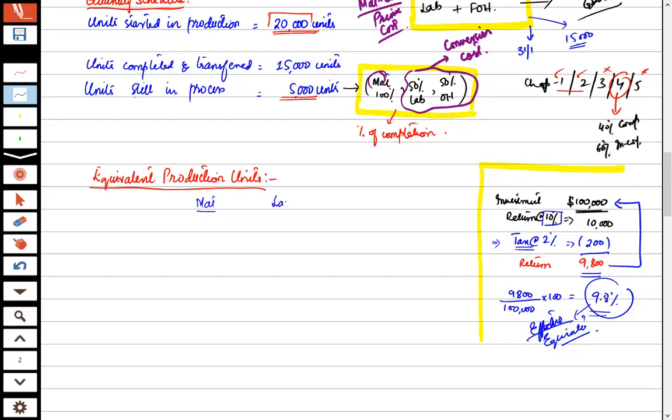Labor and FOH. On the other side, we write transferred out and WIP ending, that is still in process.